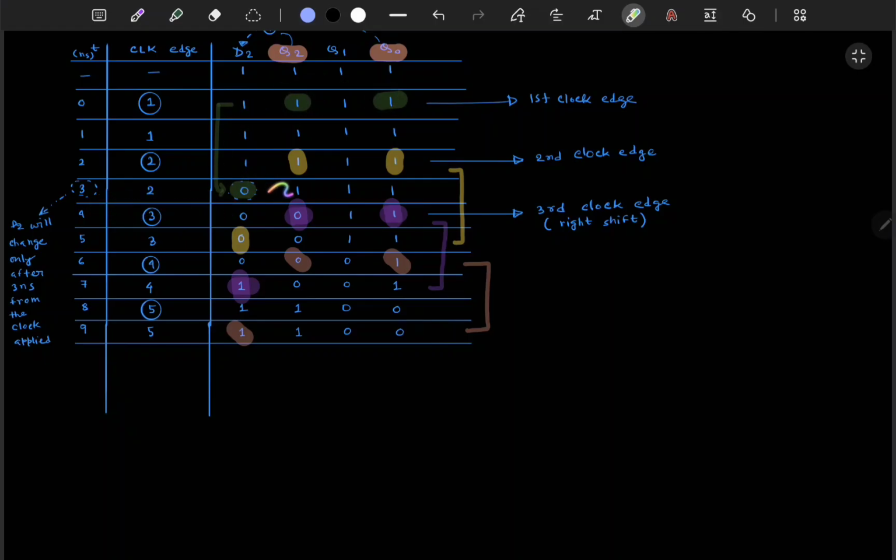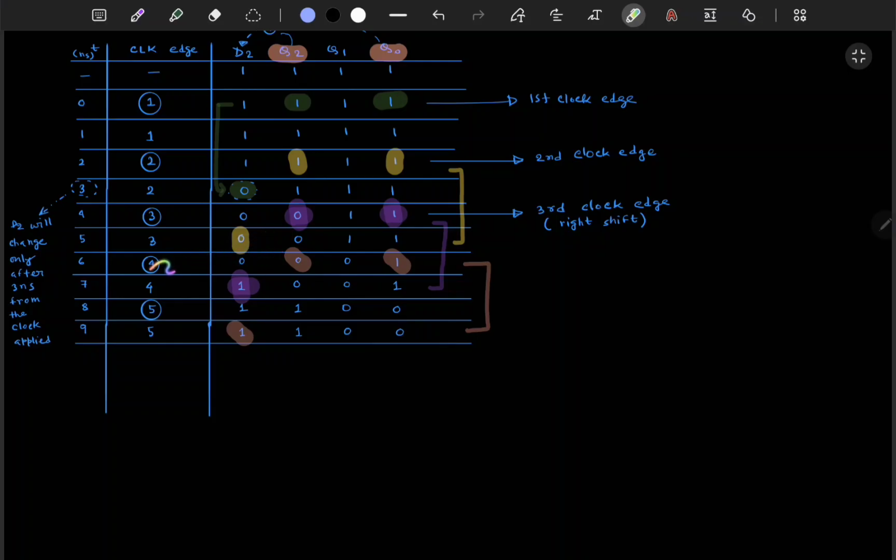For 3 nanosecond you can see it will change, and these ones will be the same, because here no clock is applied, and then the third clock will come, then it will shift here, this will shift here, this will shift here. Again then the fifth second it will be the same. No clock is there.